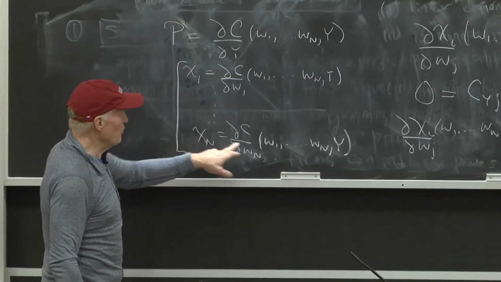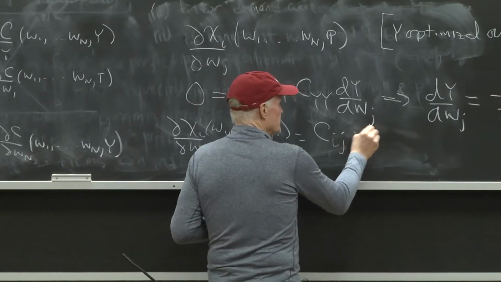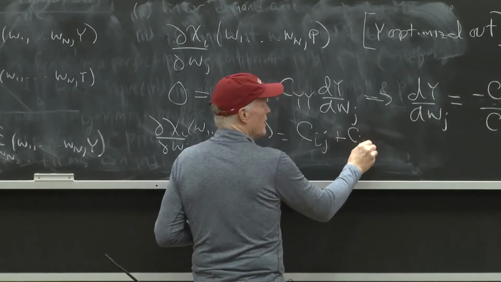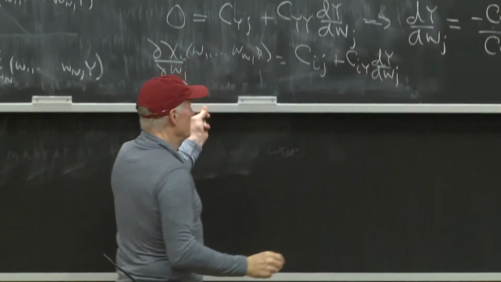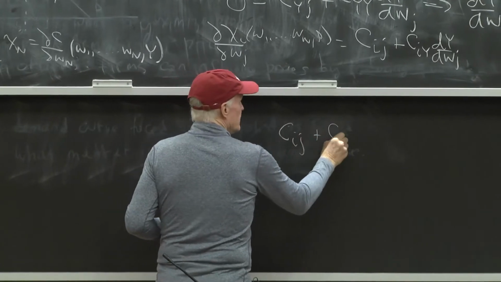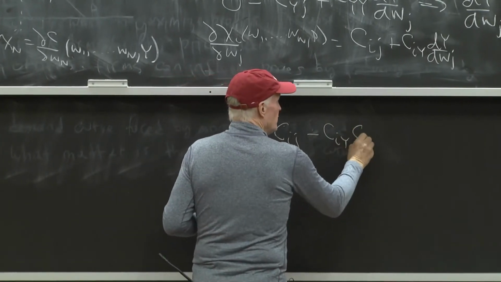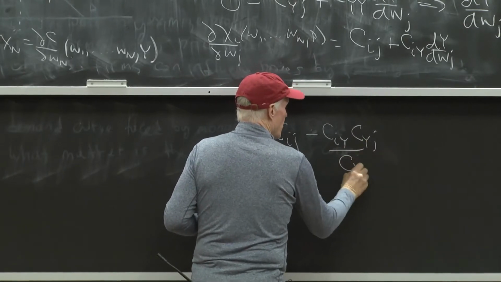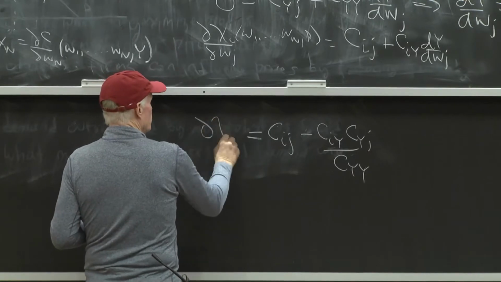That is the derivative holding output constant, plus Ciy dy/dwj, which is Cij minus Ciy Cyj over Cyy. So that's the analog of my Slutsky equation.